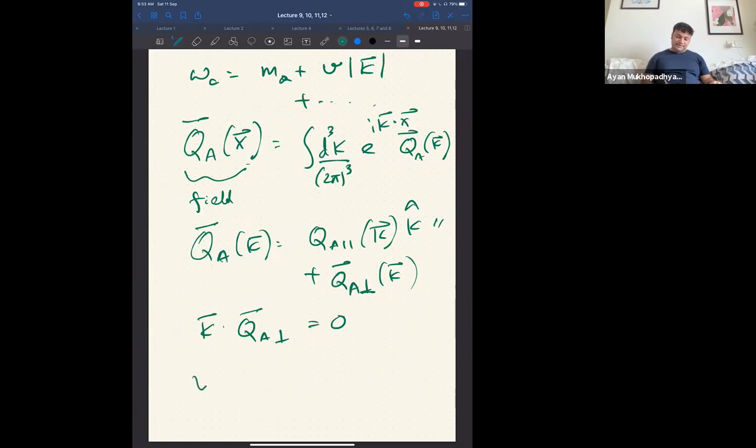And in real space, if you take the Fourier transform of this, this means that this object is divergence free. So this is essentially the Helmholtz theorem. If you have seen it, fine; if you haven't, that's fine. And the other part is proportional to k hat.